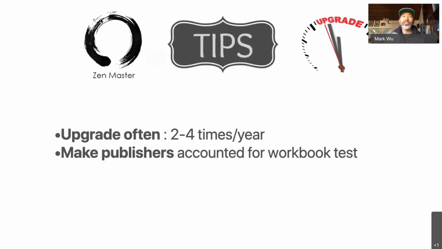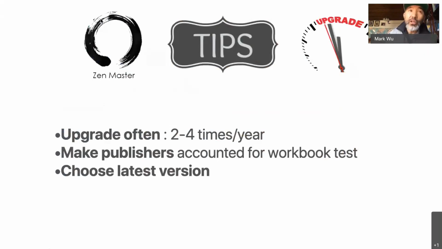Always have to handle the testing. As server admin, I do not test workbooks. I tell every publisher that it is their accountability to test and validate their workbooks. I'm not testing any of their workbooks. And when I'm ready to do the upgrade, which version to go to? Choose the latest version.